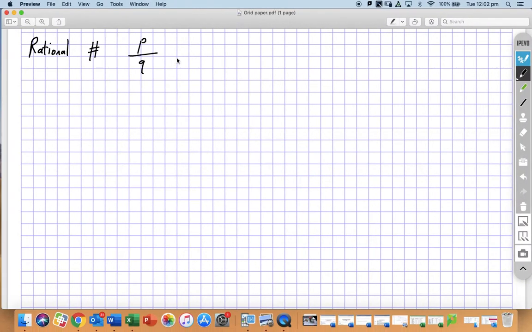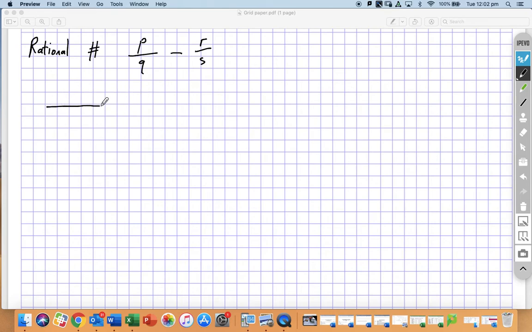So let's minus R on S away from this rational number P on Q. How could we do that? We need a common denominator, QS. How did we get that denominator? We had to do Q times S. This fraction already had the Q, but it needs to be times by S, so we'd have SP or PS, minus.